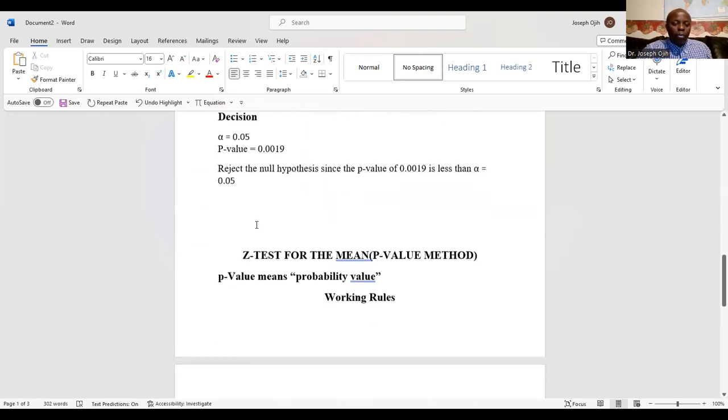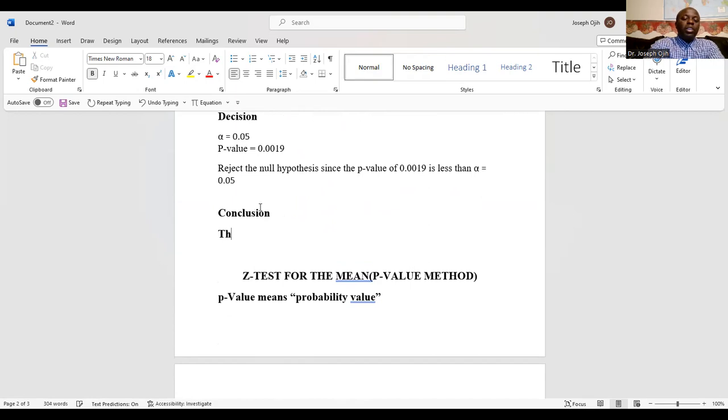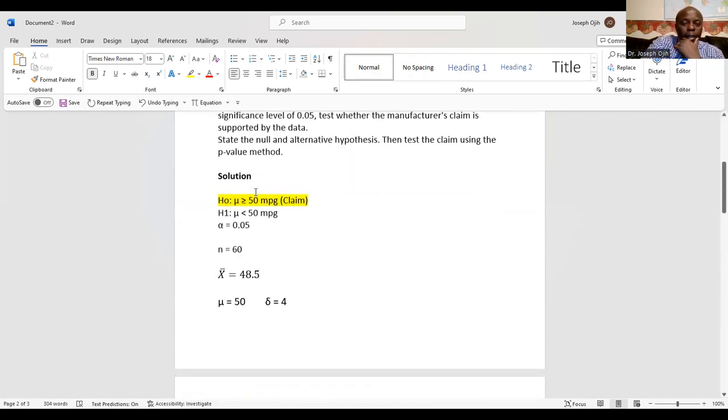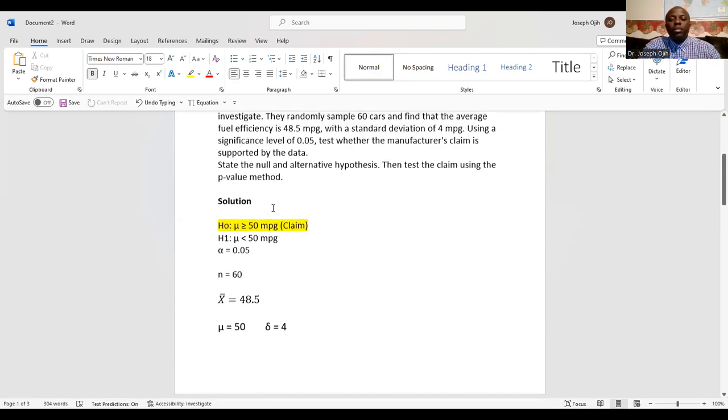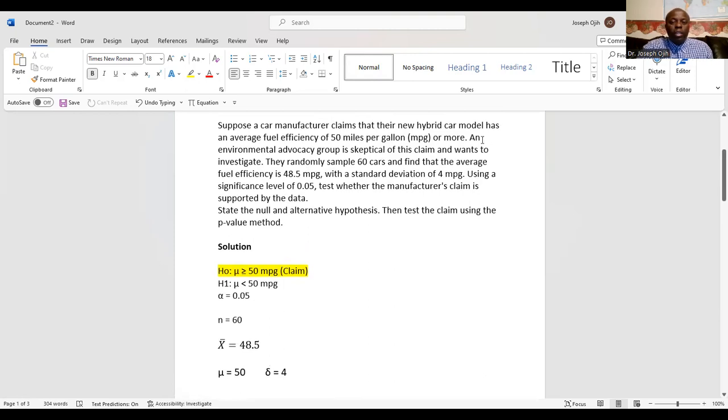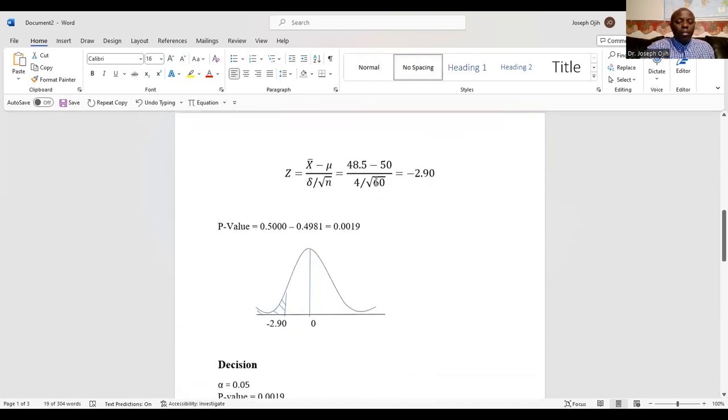So our conclusion now will become that, since we rejected the null hypothesis, there is not enough evidence to support the claim that the manufacturer's new hybrid car model has an average fuel efficiency of 50 miles per gallon. Okay.